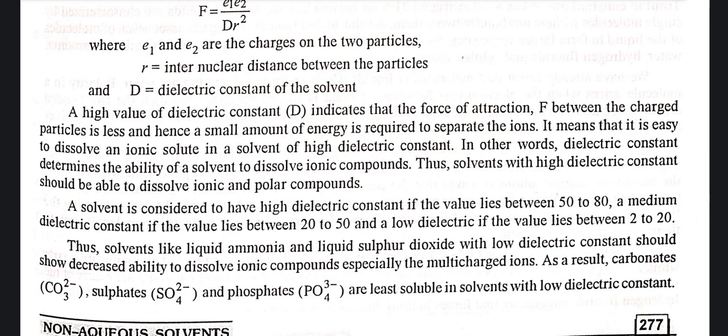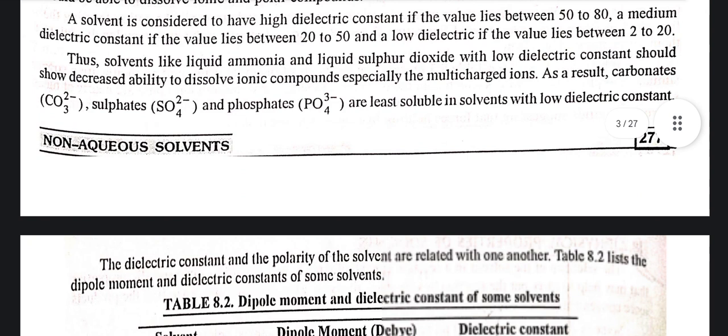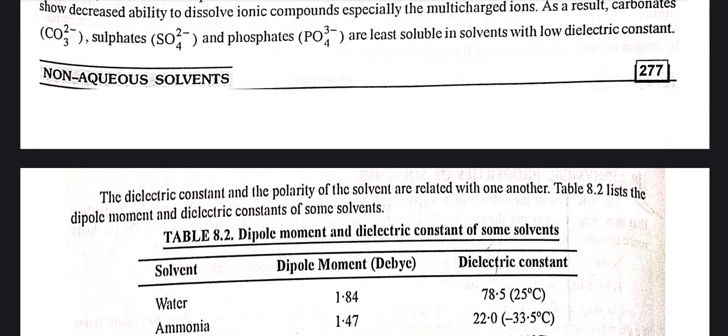Thus, solvents like liquid ammonia and liquid sulfur dioxide, with low dielectric constant, should show decreased ability to dissolve ionic compounds, especially multi-charged ions. As a result, carbonates, sulfates, and phosphates are less soluble in solvents with low dielectric constant. The dielectric constant and polarity of the solvent are related to one another.